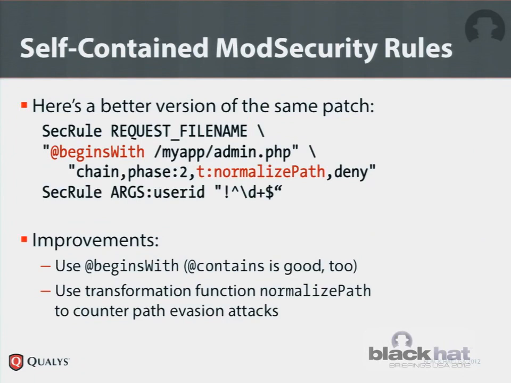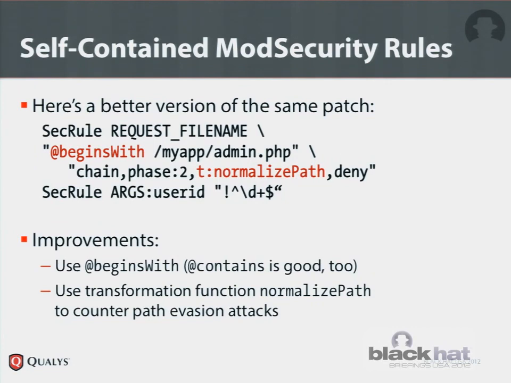There's a way, of course, to fix these issues, and one way is to use a better operator. Here, instead of the string equality operator, we use beginsWith. The other thing is we're using a ModSecurity feature called transformation pipelines, where you provide instructions to ModSecurity on how to transform input before it's used for comparison.